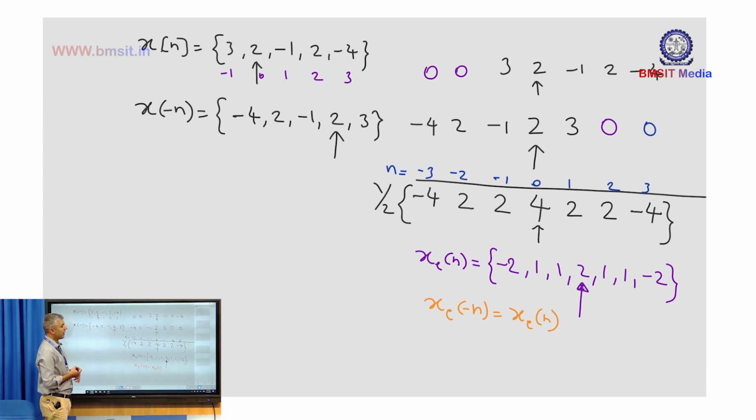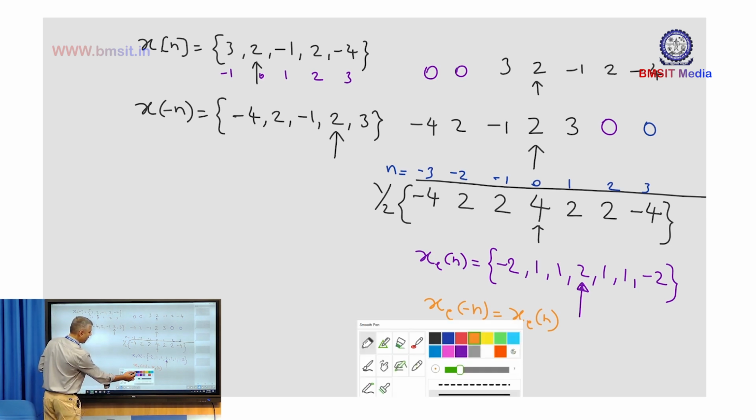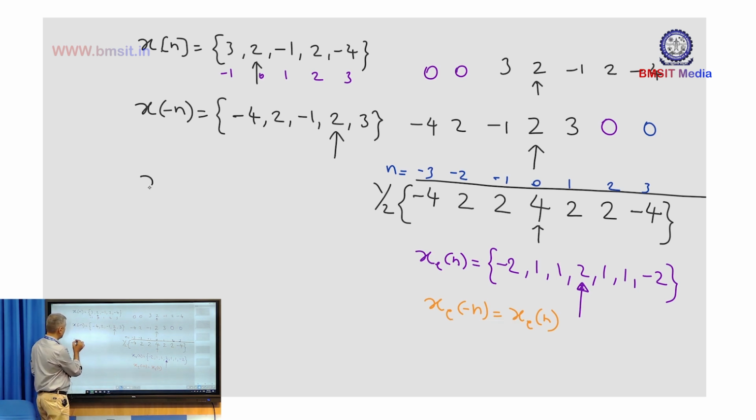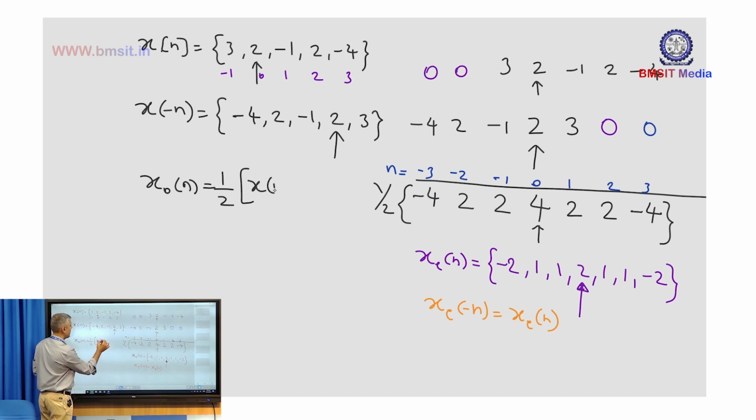Now I would like to continue the same example by considering the odd component. You know the formula for the odd part, which is x odd of n equals half into x of n minus x of minus n.